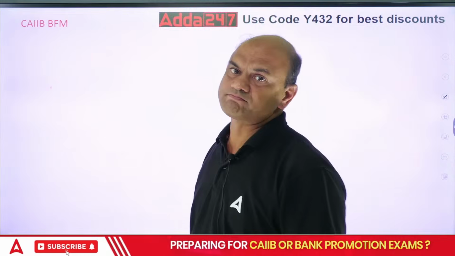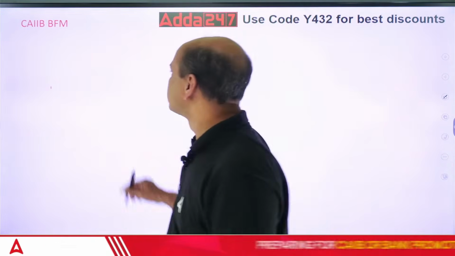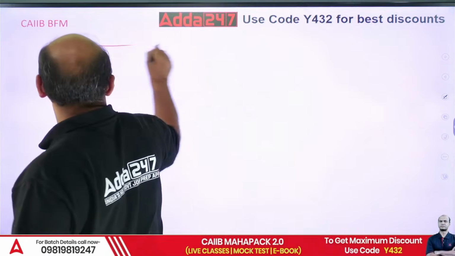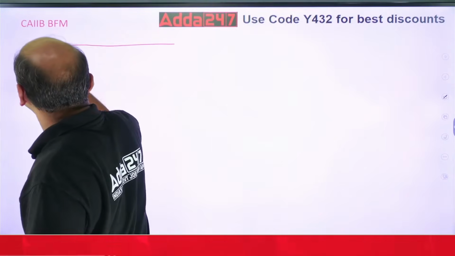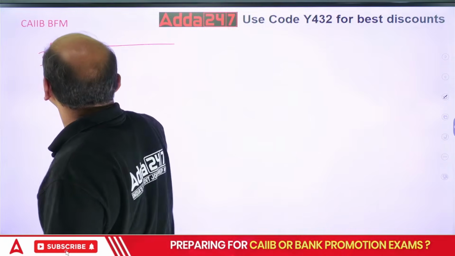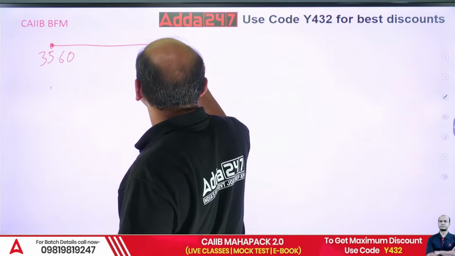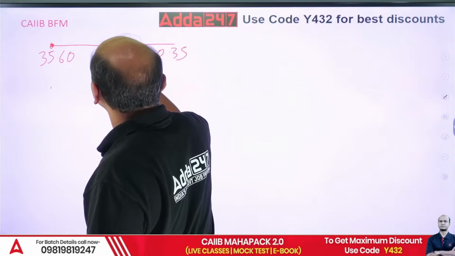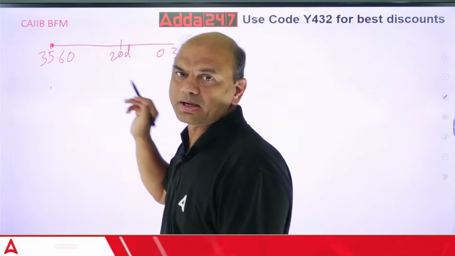Now, which rate should I take? So let's draw it over here. This was spot, 35.60, and here it was 0.35, right? And this was my 20 days in between. So I'll have to do buy low now.